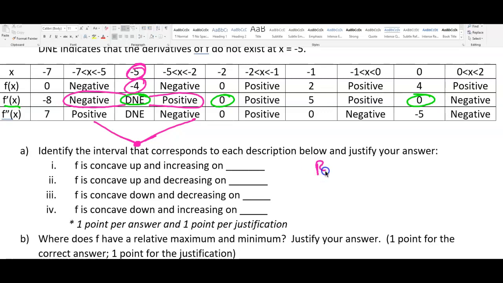So I would say we have a relative min at x equals -5. Since, and this is my explanation, f prime goes from negative to positive at that point.